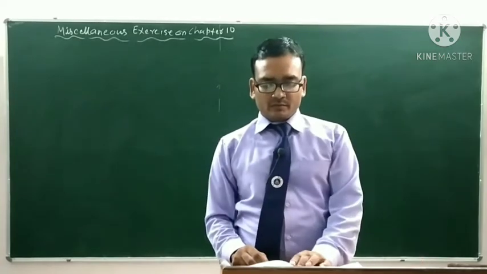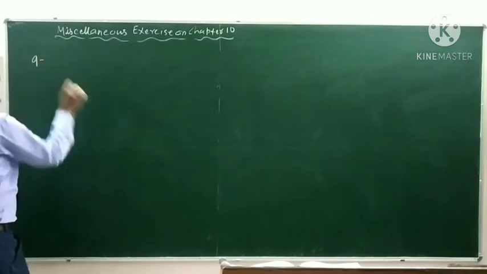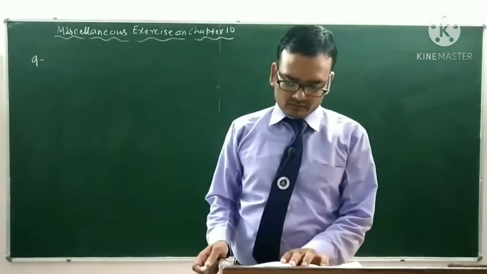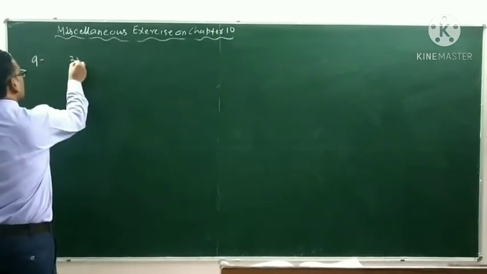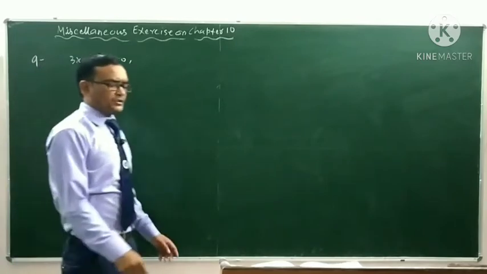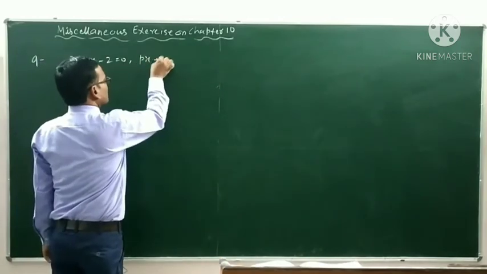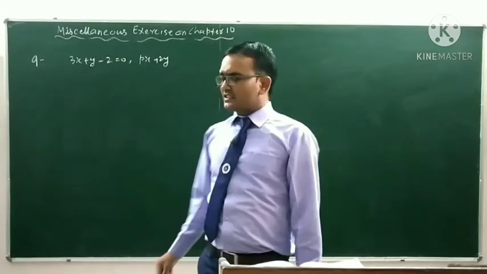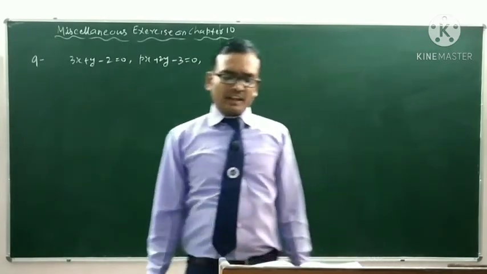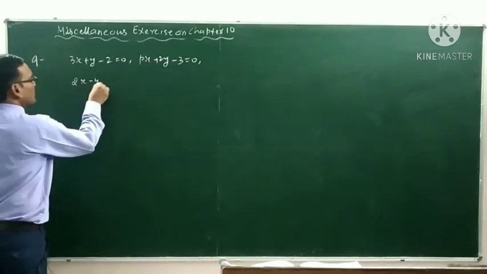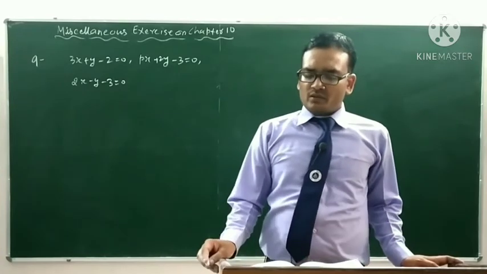Question number 9 is: find the value of P so that the three lines 3x plus y minus 2 equal to 0, px plus 2y minus 3 is equal to 0, and 2x minus y minus 3 is equal to 0 may intersect at one point.